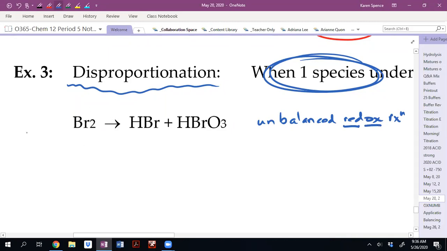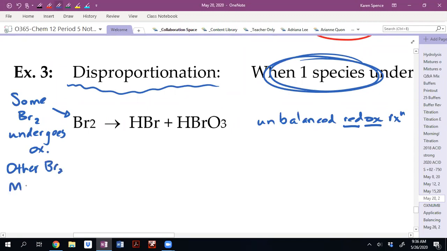So what that means is that some Br2 will undergo oxidation, and other Br2 molecules undergo reduction. So some of the Br2s are going to be giving electrons to the other Br2s.